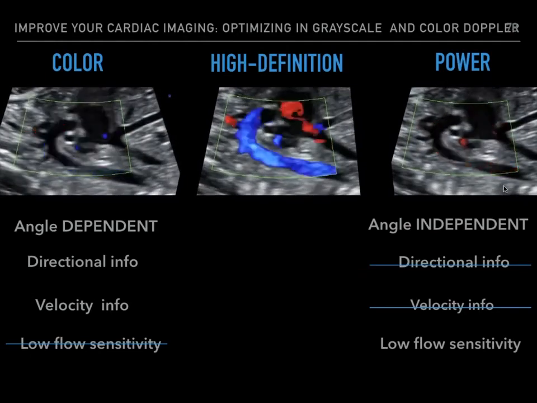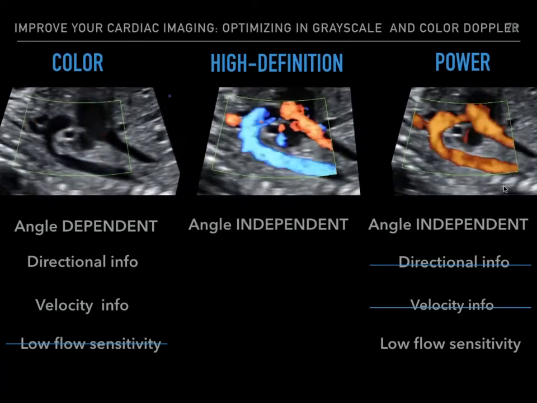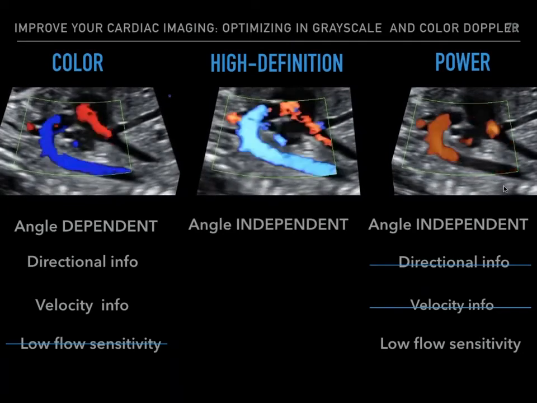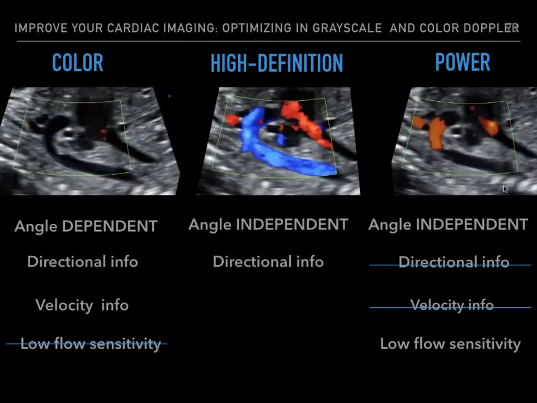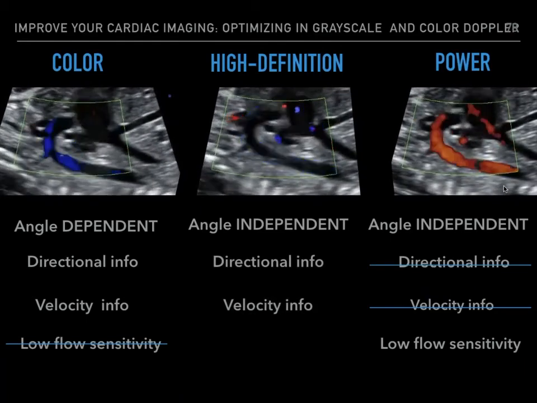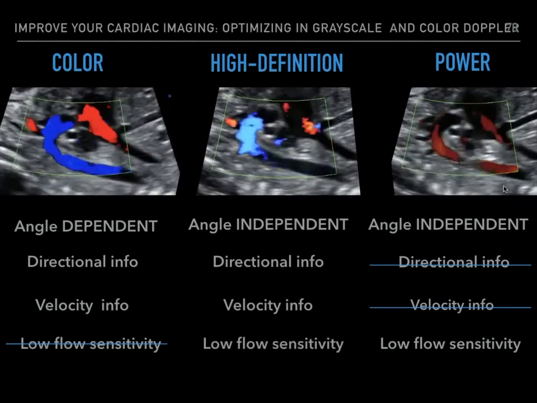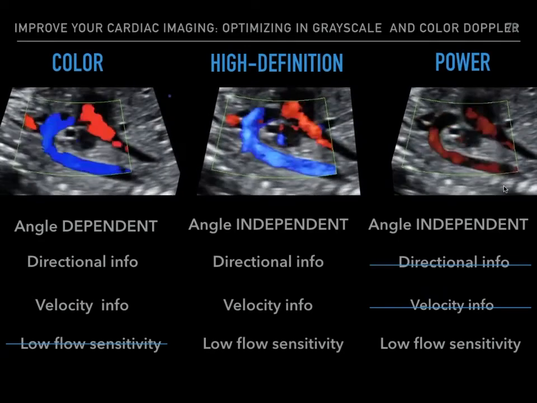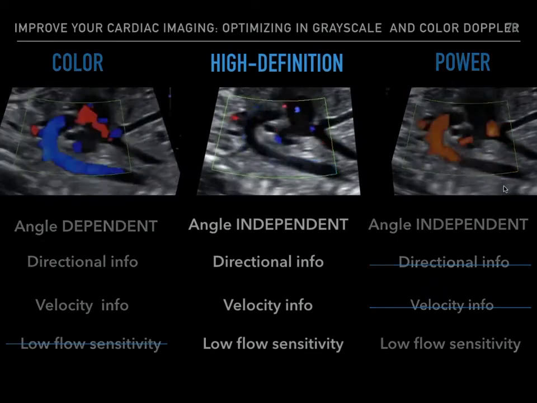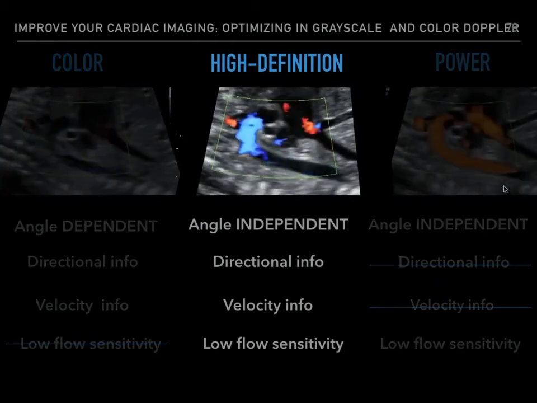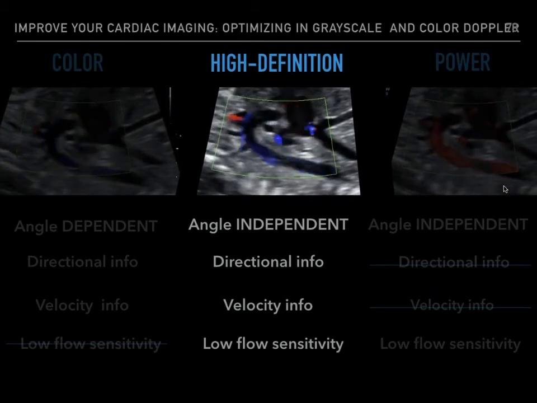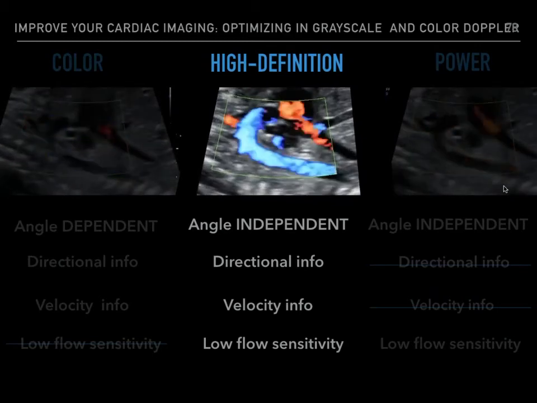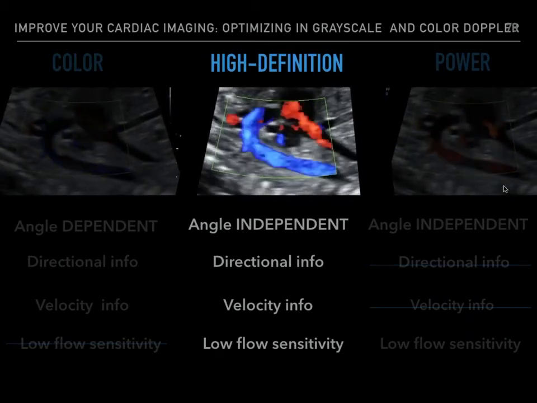High definition Doppler, on the other hand, is also angle independent, just like power Doppler, but also provides directional information, velocity information, and has the ability to detect low flow sensitivity. So when actually comparing all three, high definition Doppler has been shown to be superior to power and conventional color Doppler in most aspects.